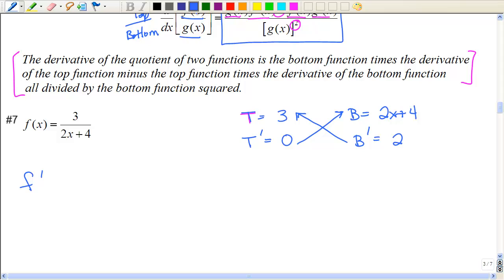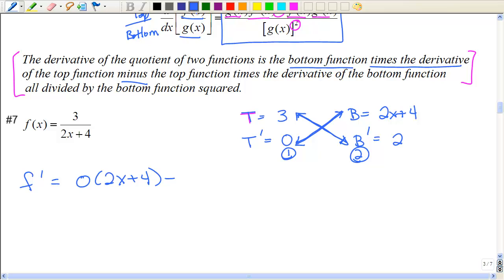So let's see. It is the bottom function times the derivative of the top function. So we've got to do this one first. So I'm going to say 0 times 2x plus 4, all right, minus the top function times the derivative of the bottom function.